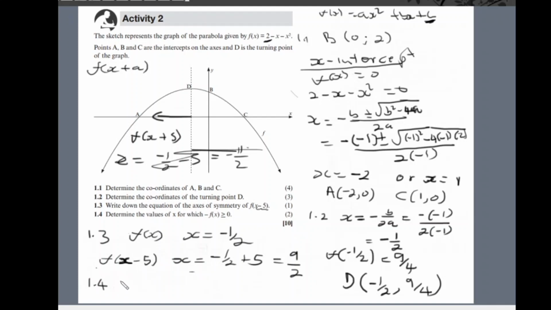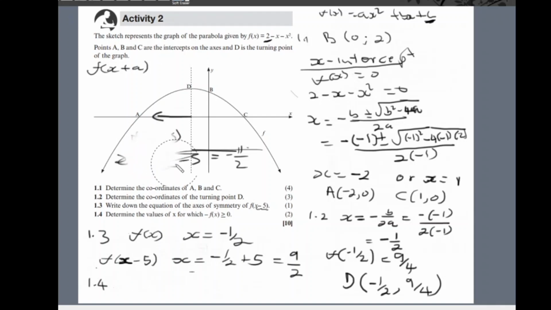1.4, determine the values of x for which minus f of x is greater than 0, right? So when you are saying minus f of x, you are reflecting the original function about the x-axis.